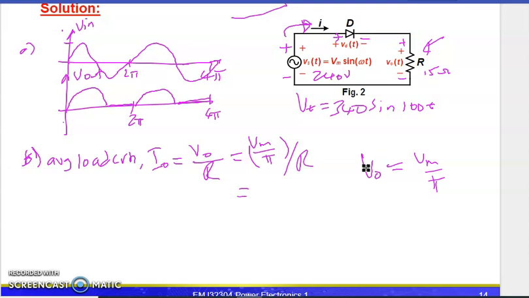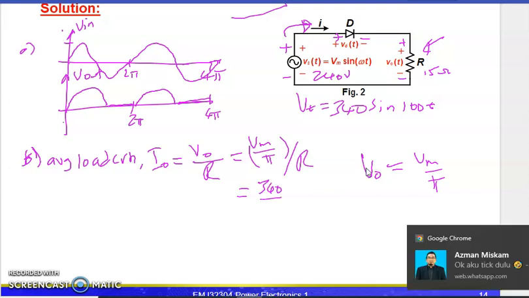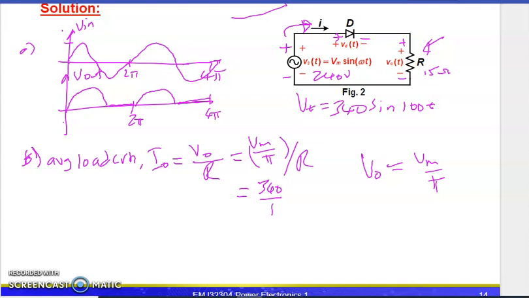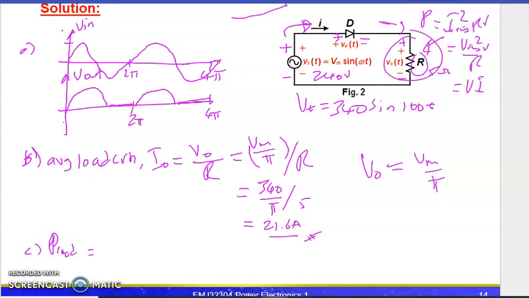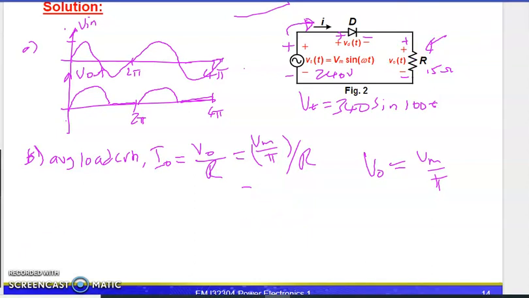So we shall have Vm already here, 340 divided by pi divided by 15. Sorry, the resistor is not 15 but it is 5. So it was 5 actually, not 15. So you have to do that again.